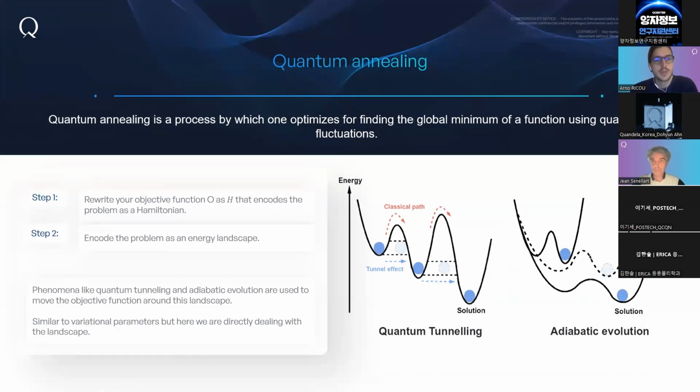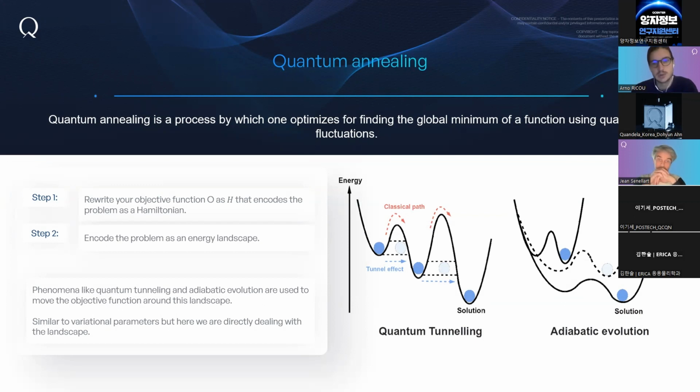Then there is the quantum annealing algorithm, which is a process by which one optimizes a function for finding the global minimum using quantum fluctuation. It's based on effects like the tunneling effect, for instance, and the adiabatic evolution in order to move an objective function around its landscape.